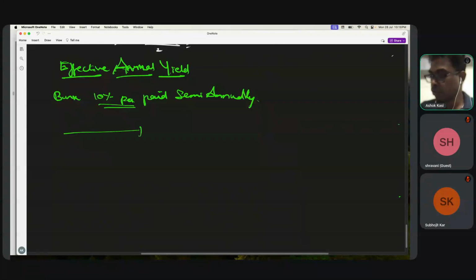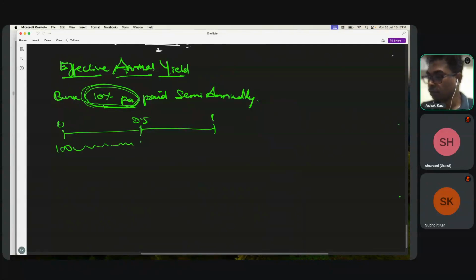If you have invested 100 rupees, in half a year you will get how much? This is 10 percent per year, so in half a year you will get 5 percent. 5 percent of 100 will come to 5 rupees, plus your own 100, so it comes to 105.